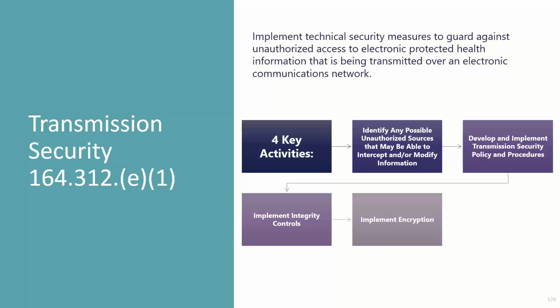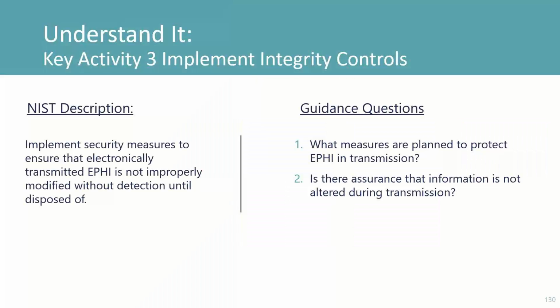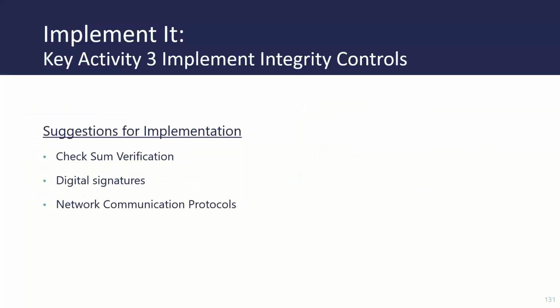We don't want to ever give out those encryption keys. We want to make sure that the transmission is secure and that we do implement the encryption. So what measures are planned to protect the transmission, and is there assurance that the information is not altered? Again, encryption will do that for us.